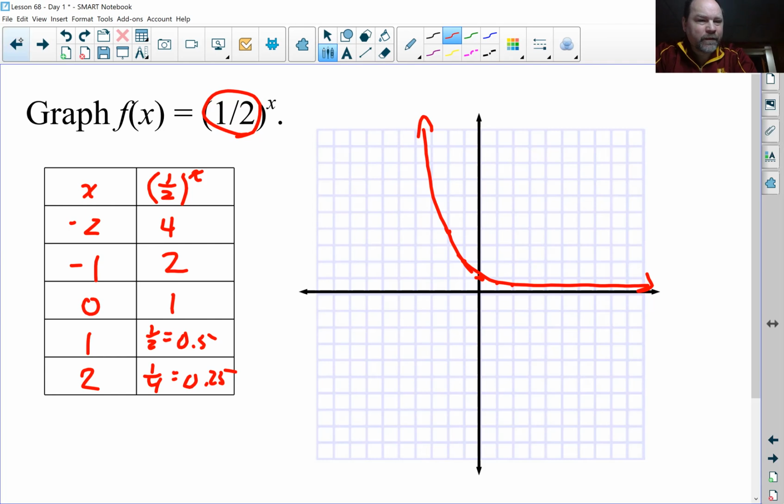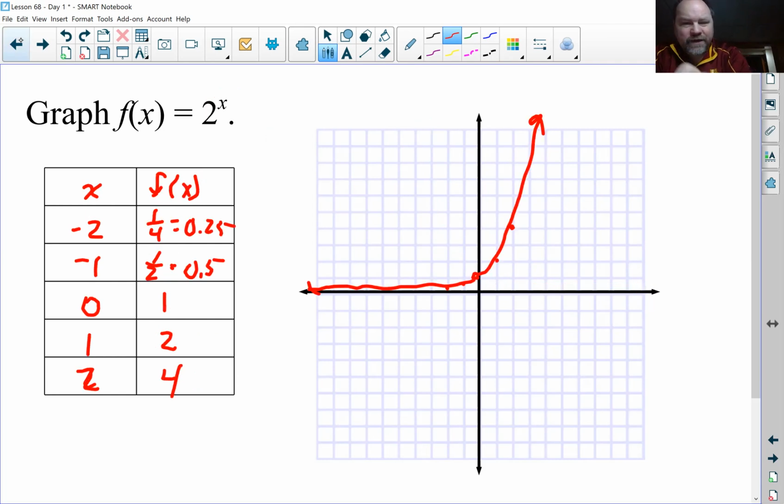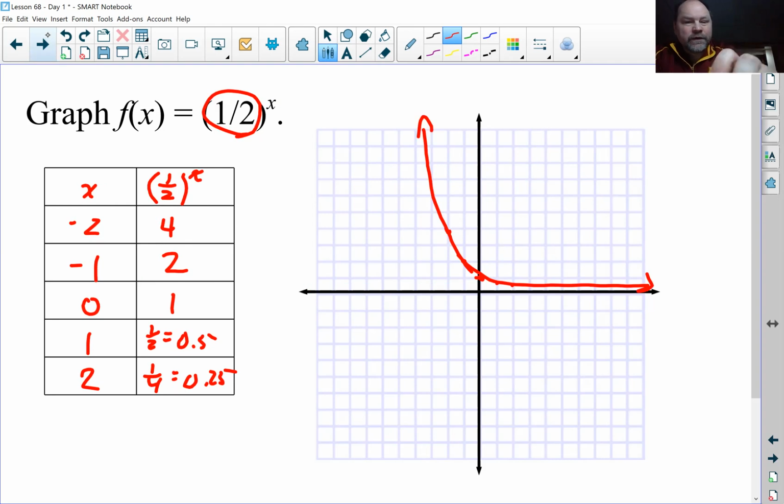So this first example is called exponential growth. Again, it would follow that geometric concept that we talked about this week. This one is called exponential decay. Also geometric, but going down. So this would be where our common ratio was a fraction.